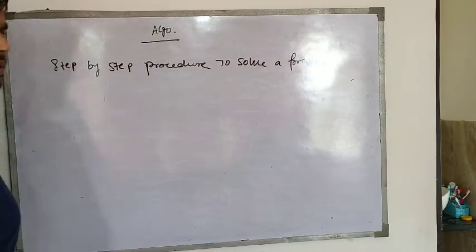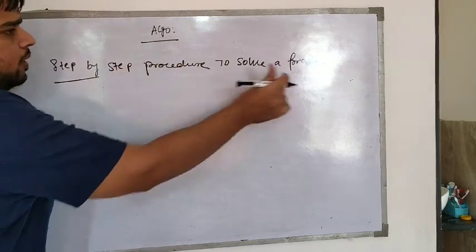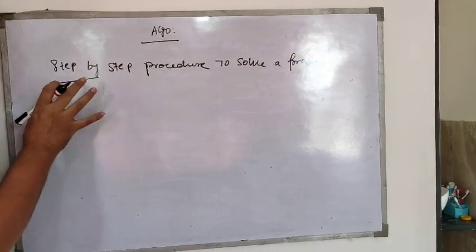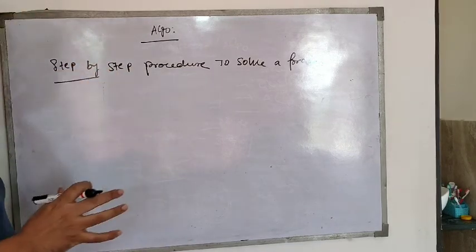You can be given any problem and you need to solve that particular problem. So what are the steps which you are supposed to take? That is called the algorithm.